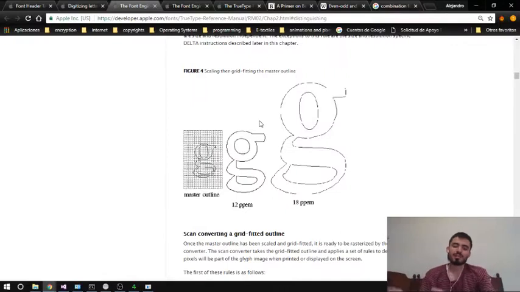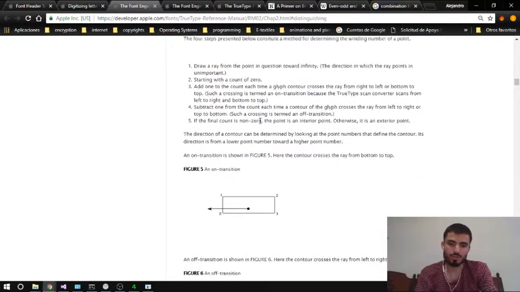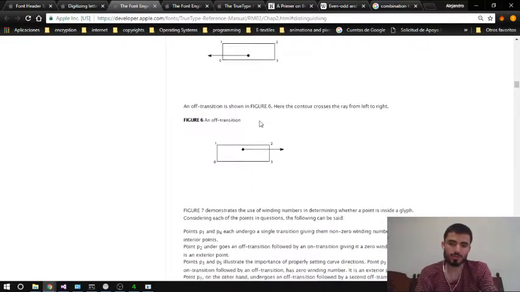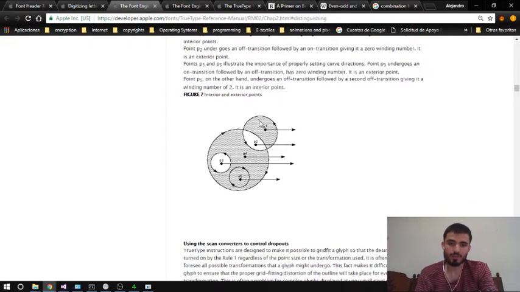Then we scale it, adjust it to be aligned to the pixel grid, and then we rasterize it, which is cool, I guess. And we can follow these paths to understand.